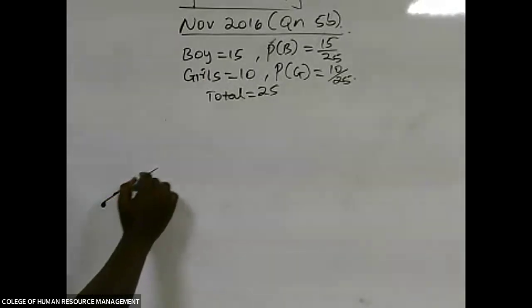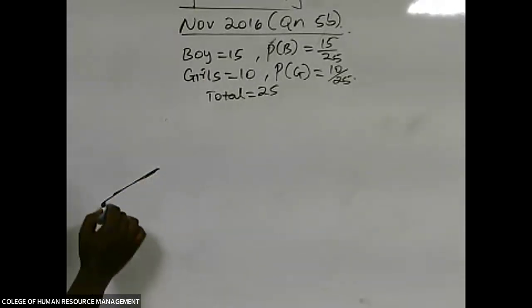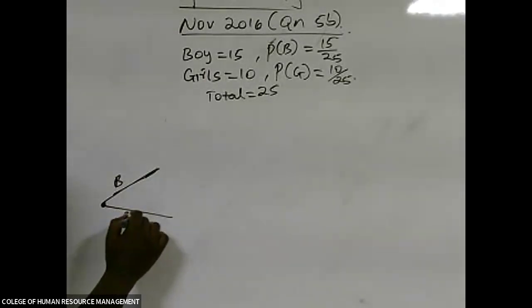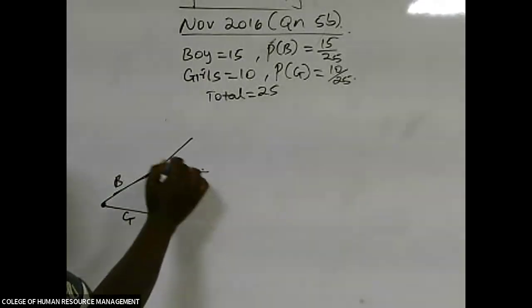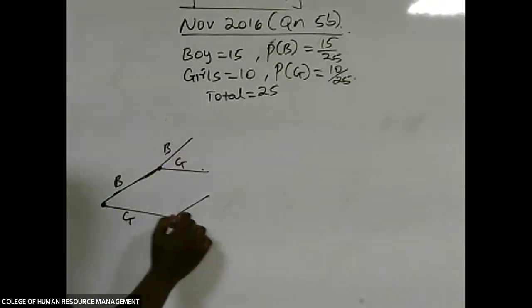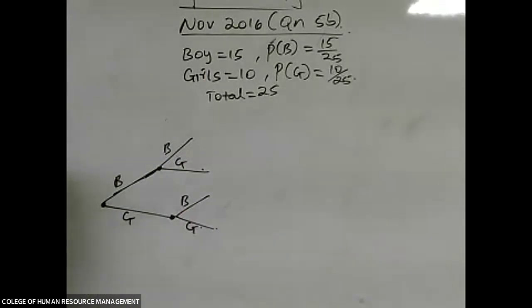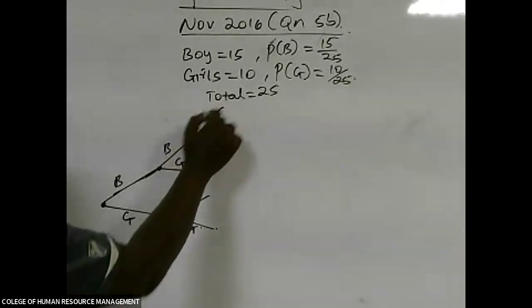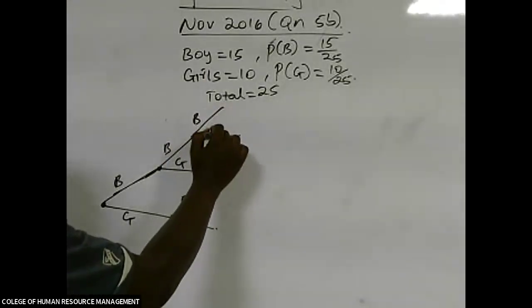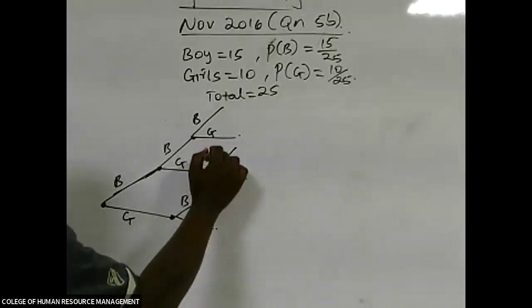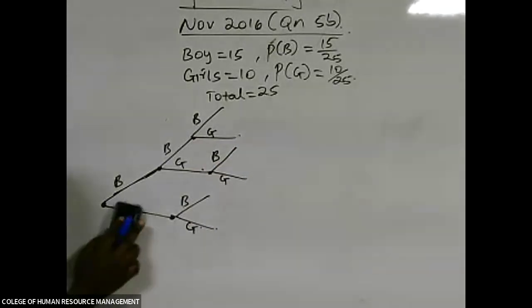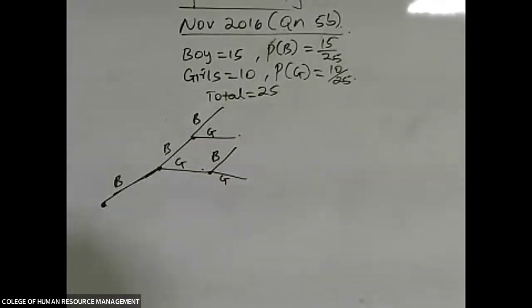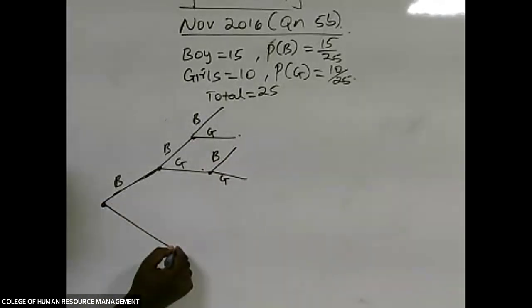So either you pick, you remember you are picking 3 officials, boy, girl. That is the first picking. The second one can also be boy, girl. Then you pick the third one, boy or girl.